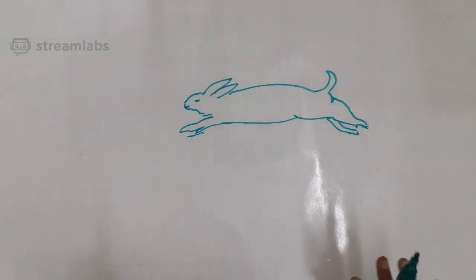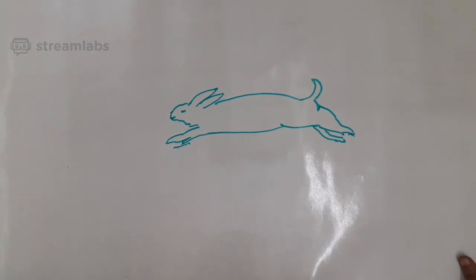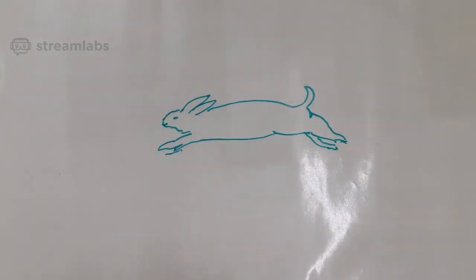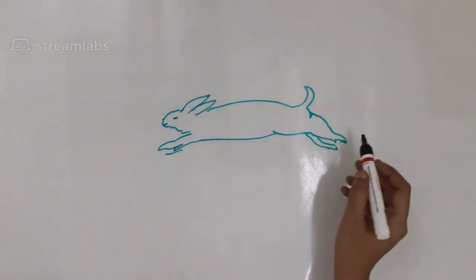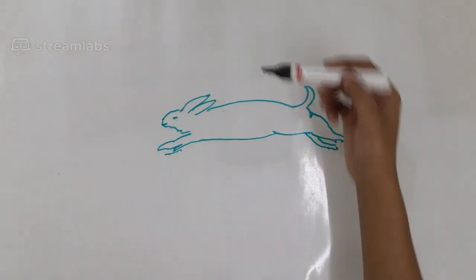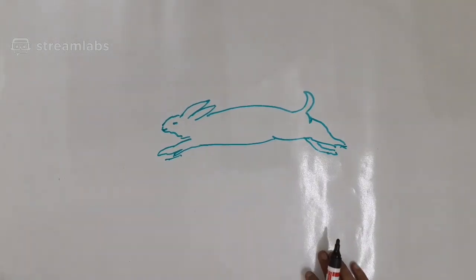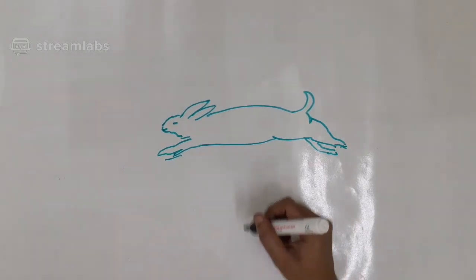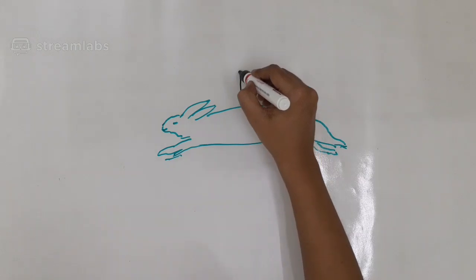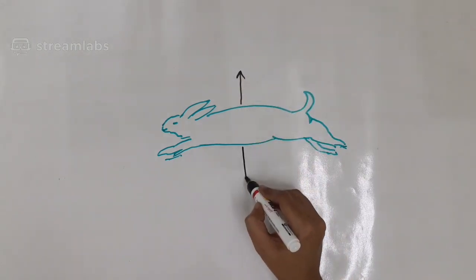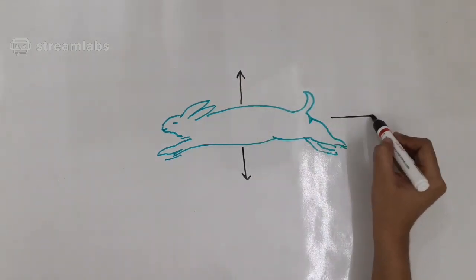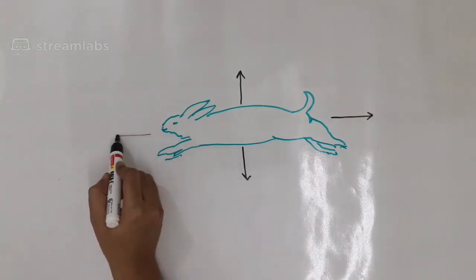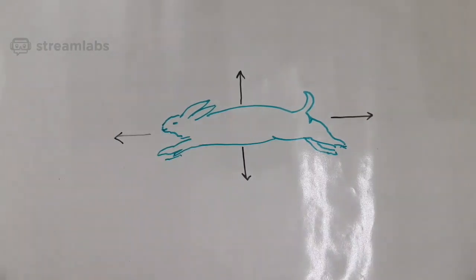Okay, an example of a rabbit. When you look at it towards the front and from the back, from upward direction or from downward direction, these directions are used in the following terminologies which I am going to tell you.